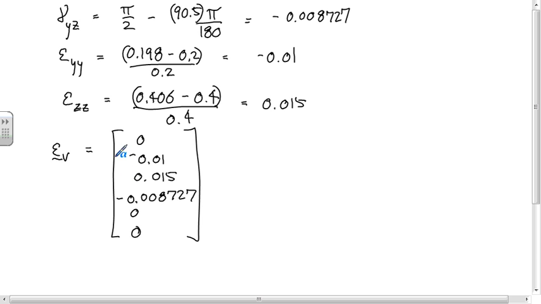So if we're going to multiply a matrix times these small values and get big values, we're going to need a matrix full of big values. And the stiffness is going to have big values and the compliance is going to have little ones. Okay, so we know we have to multiply this by the stiffness matrix.